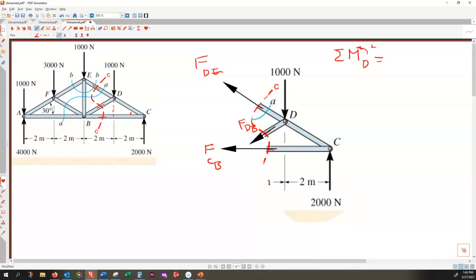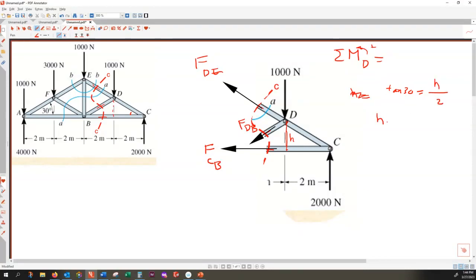So that distance, let's call this H. So tan 30 is equal to H divided by 2, correct?